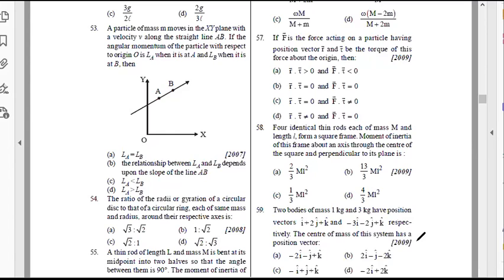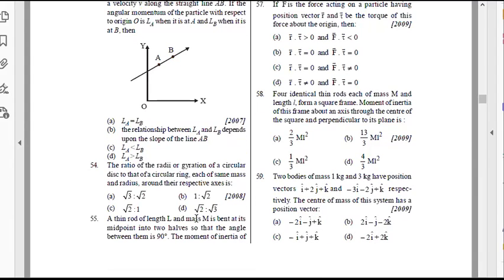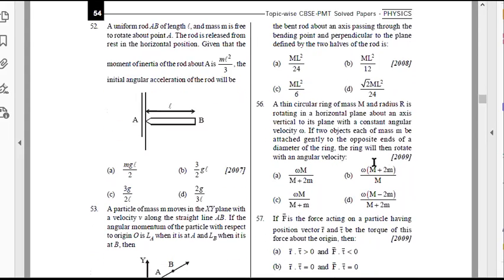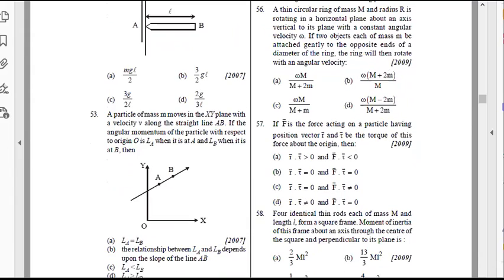Okay, 55. 55 हम लोगों ने किया है, L shape वाला, याद है कि नहीं? I hope all of you remember we have done this 55, L shape वाला, right? So I hope you can solve it. 56 repeated question. 56 exactly repeated question. 57 is conceptual theory.